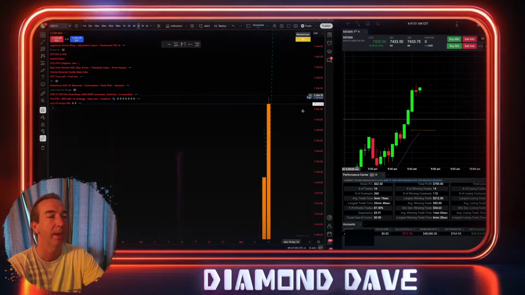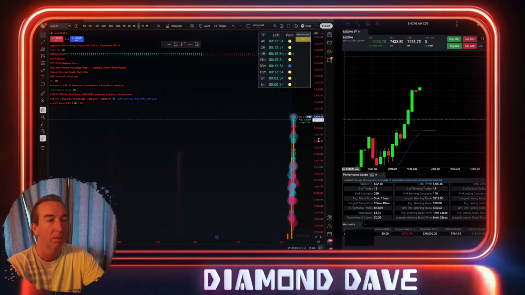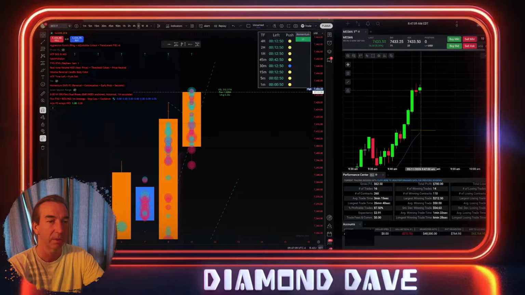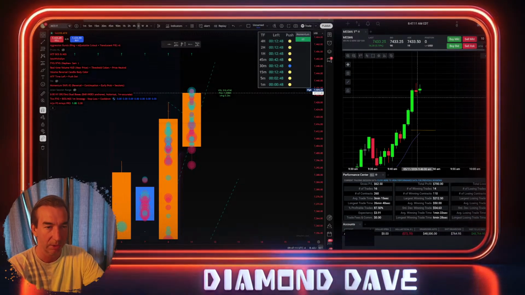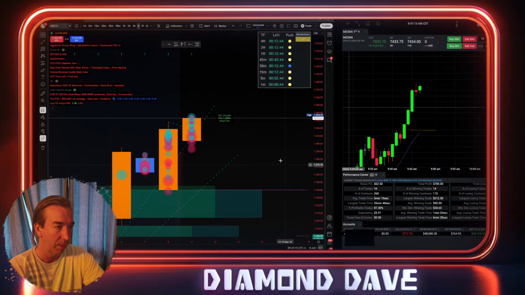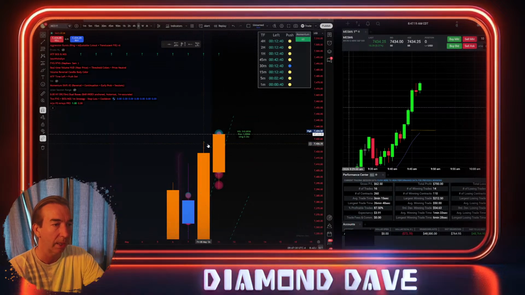So I'm going to zoom out while we're waiting to see what's going to happen. We've had this little pullback candle, which is a healthy pullback. It could just continue to go up. We're well above our trend line. We're in an uptrend.